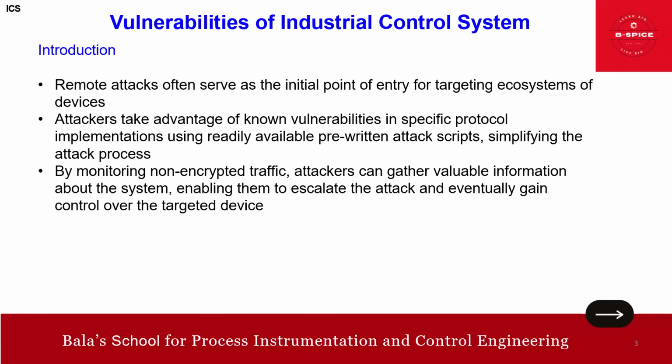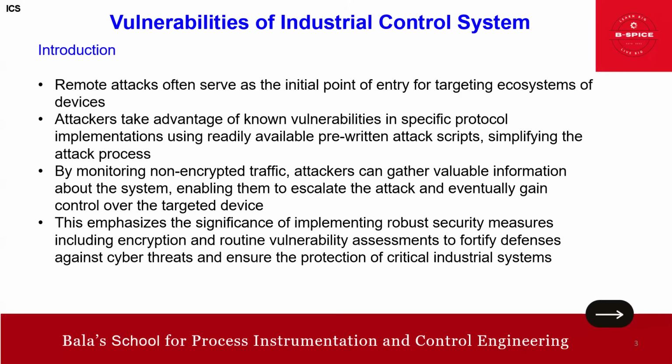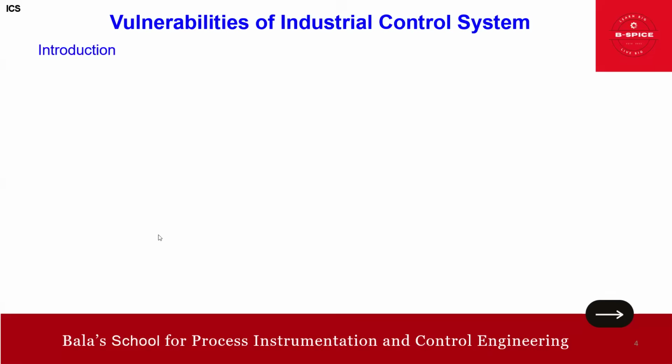That's what they do. So, as you can see, this emphasizes the significance of implementing robust security measures, isn't it? What sort of measures? Including encryption and routine vulnerability assessments to fortify defenses against cyber threats and ensure the protection of critical industrial systems, right?